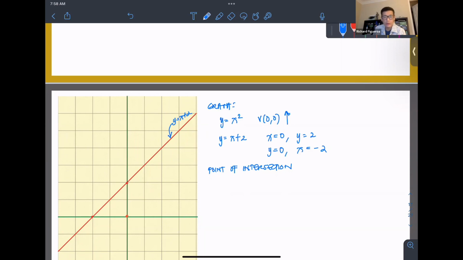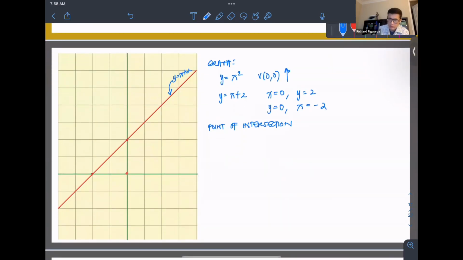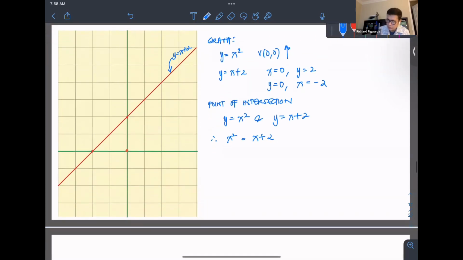So y equals x squared, and the other one is y equals x plus 2. Since we have values for y, we can equate the two. Therefore, it follows that x squared equals x plus 2. This time, we just need to solve the quadratic equation.